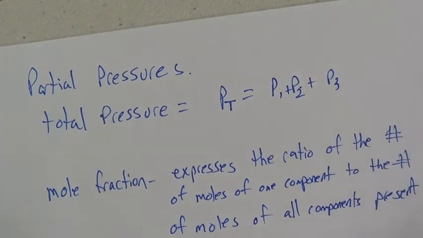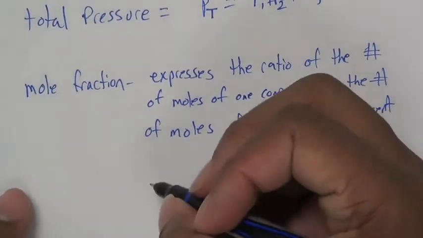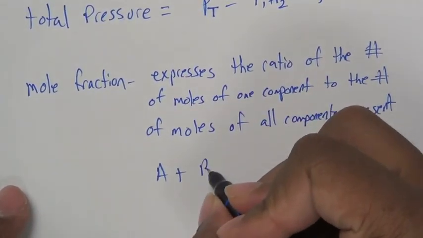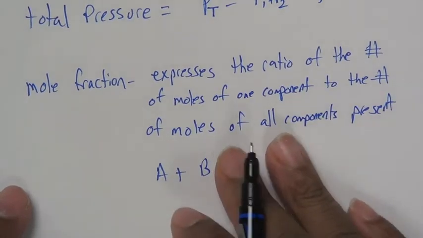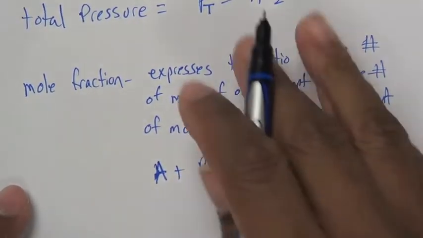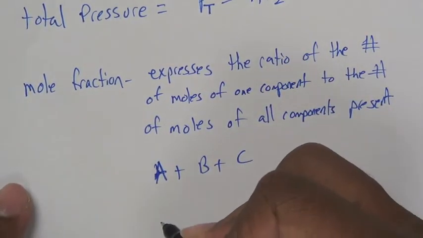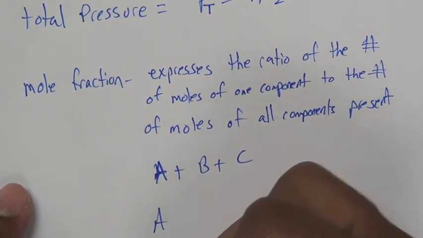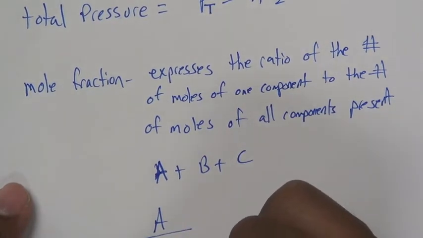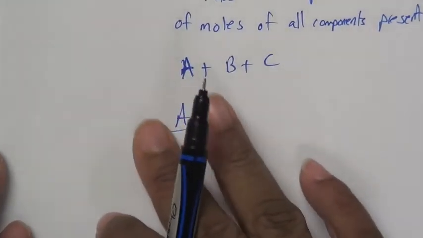In other words, let's say we had gases A, B, and C. We need to find the mole fraction of these to begin to solve for the partial pressure. So the mole fraction of A would be A over A plus B plus C.